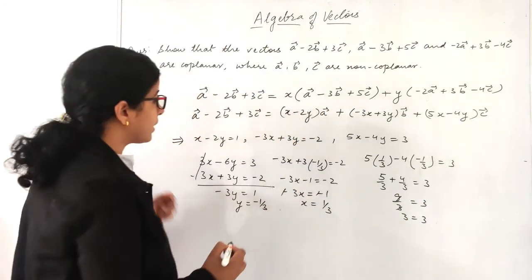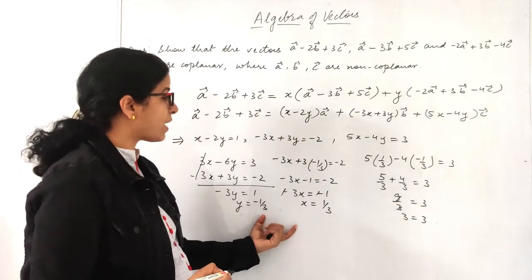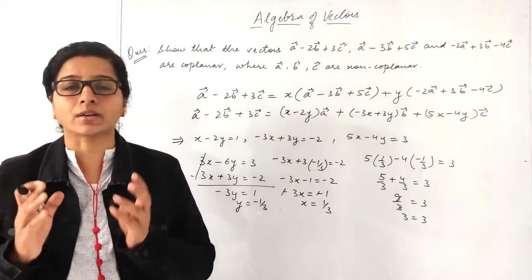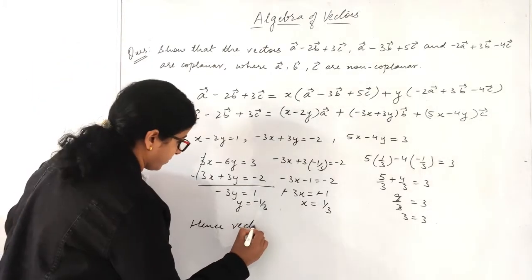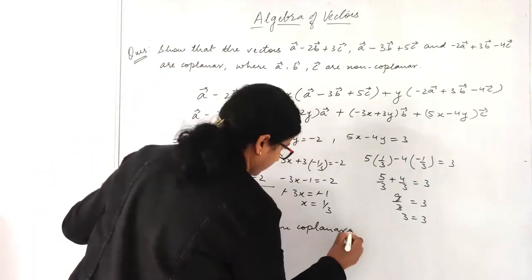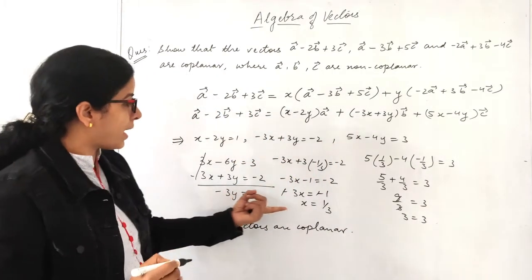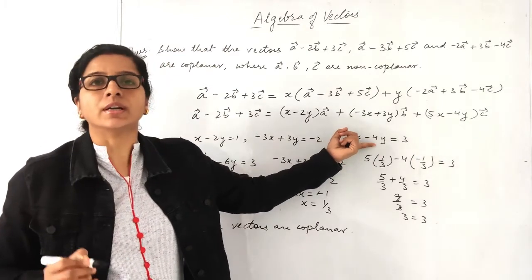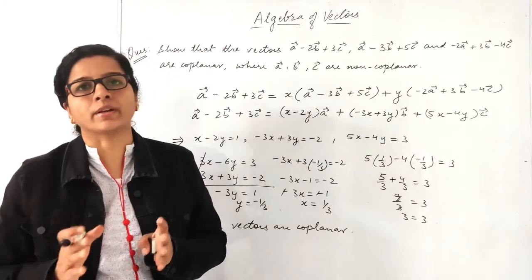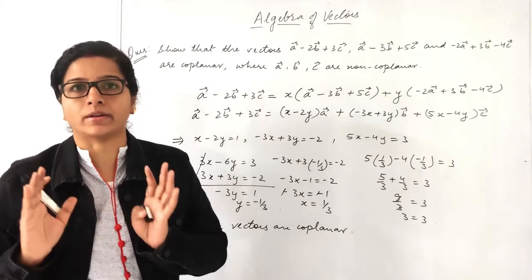My third equation gets satisfied with these values of x and y, hence my vectors are coplanar. Is that clear? In case the values of x and y do not satisfy the third equation, then the vectors won't be coplanar. They will be non-coplanar. Is that clear?